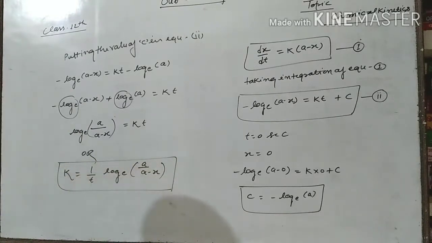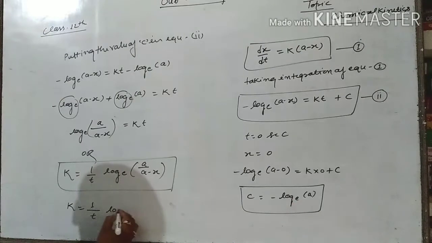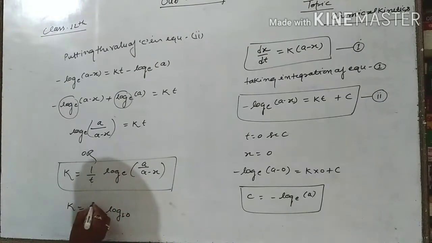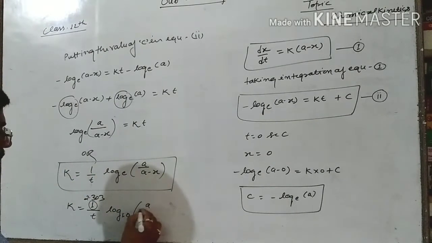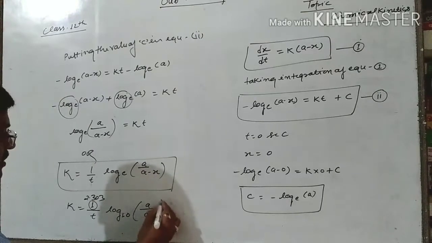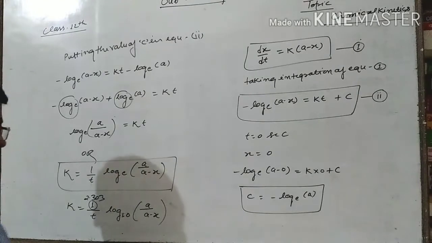If I want to change log in terms of log 10, it will give K is equal to 1 upon t log 10, and its value will be, in place of 1, 2.303, and this remains as it is, a upon (a minus x). So once again I am going to write this.